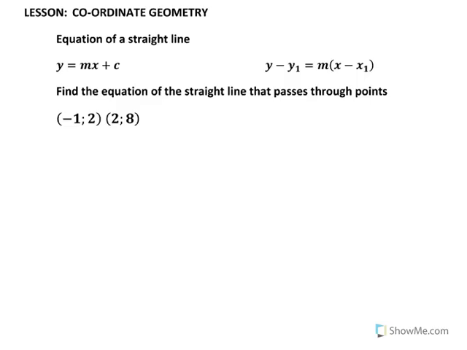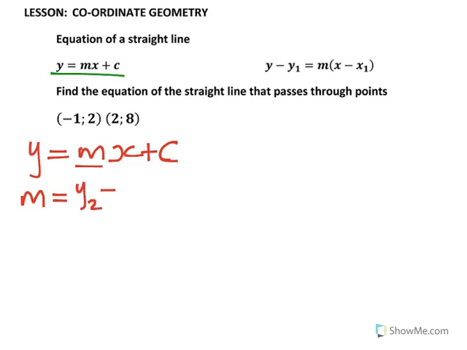The question says, find the equation of a straight line that passes through the points. So I'm going to start with this equation of a line: y is equal to mx plus c. Now the first thing I need to do is to find my m. How do I find my m? It's my gradient. Remember, m is equal to y2 minus y1 over x2 minus x1.